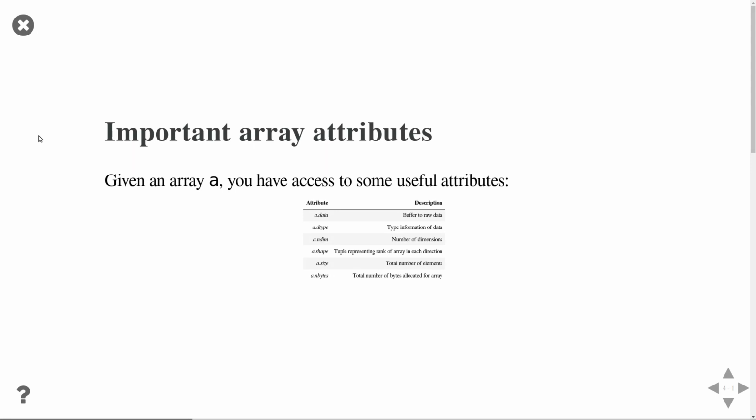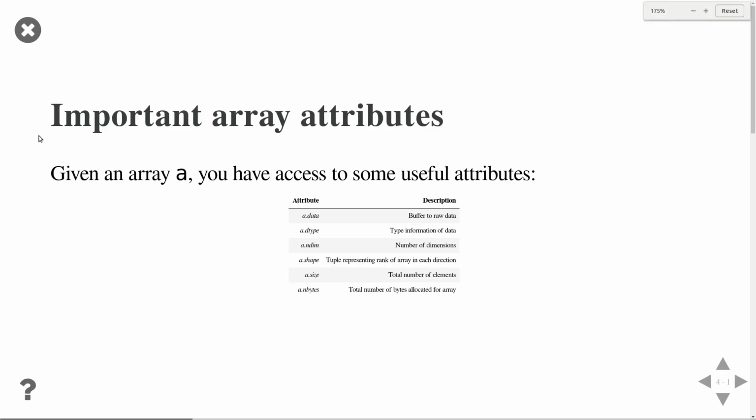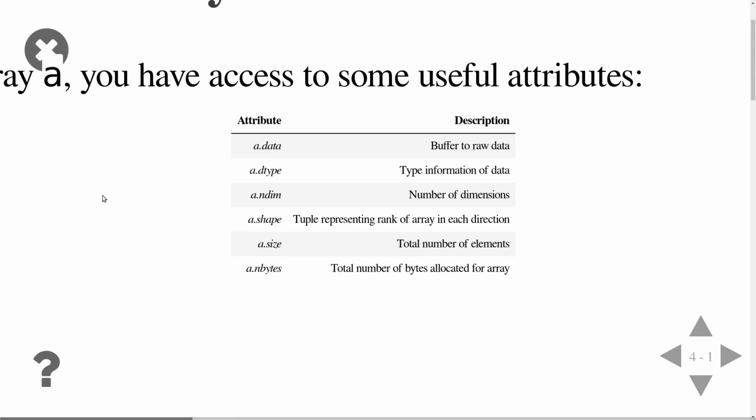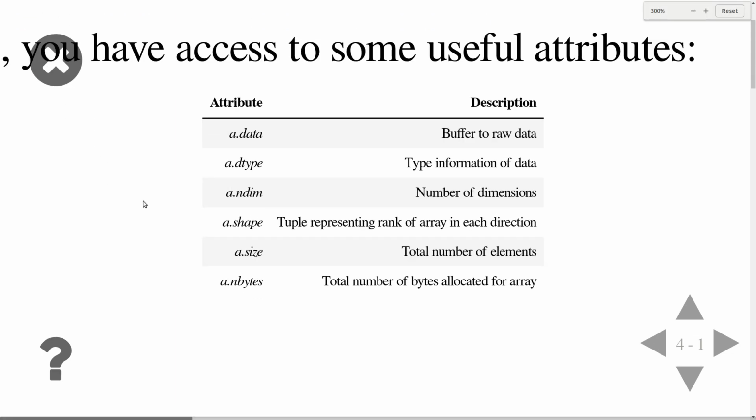When you have a Python array, it has some attributes that you can always access. This is more of a cheat sheet, but some of them are quite useful. You can use a.data, for instance, to access the underlying raw data where the information is stored, but that's not often used. This one is used: a.dtype is the data type.